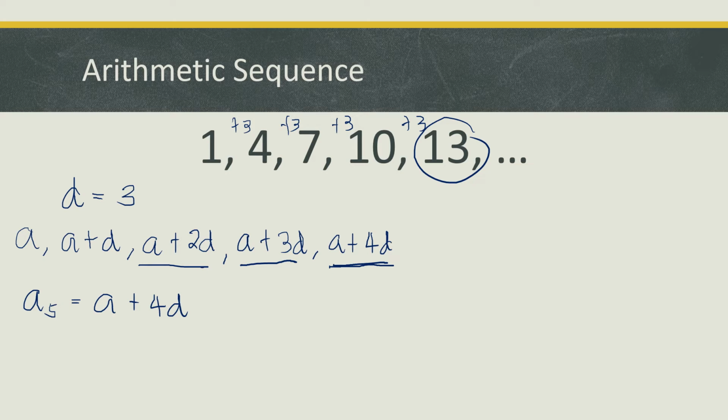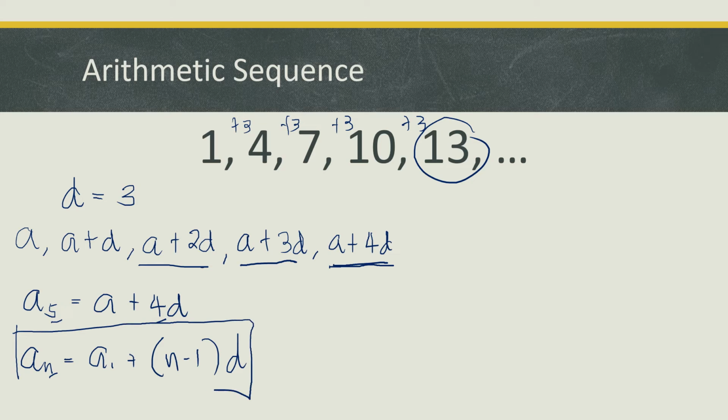Now, if we set n as the number of the term and a as the first term, since our n value is 5, we cannot use 5 directly as we have here 4. So we use n minus 1: we just need to subtract 1, then multiply by the common difference d. And there we have our formula for the arithmetic sequence.